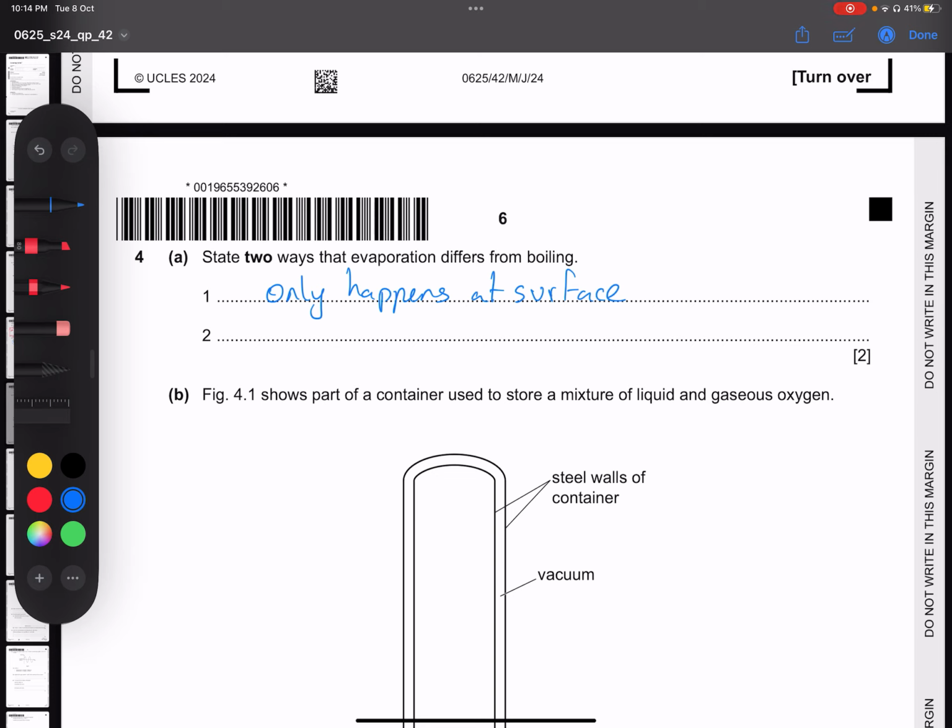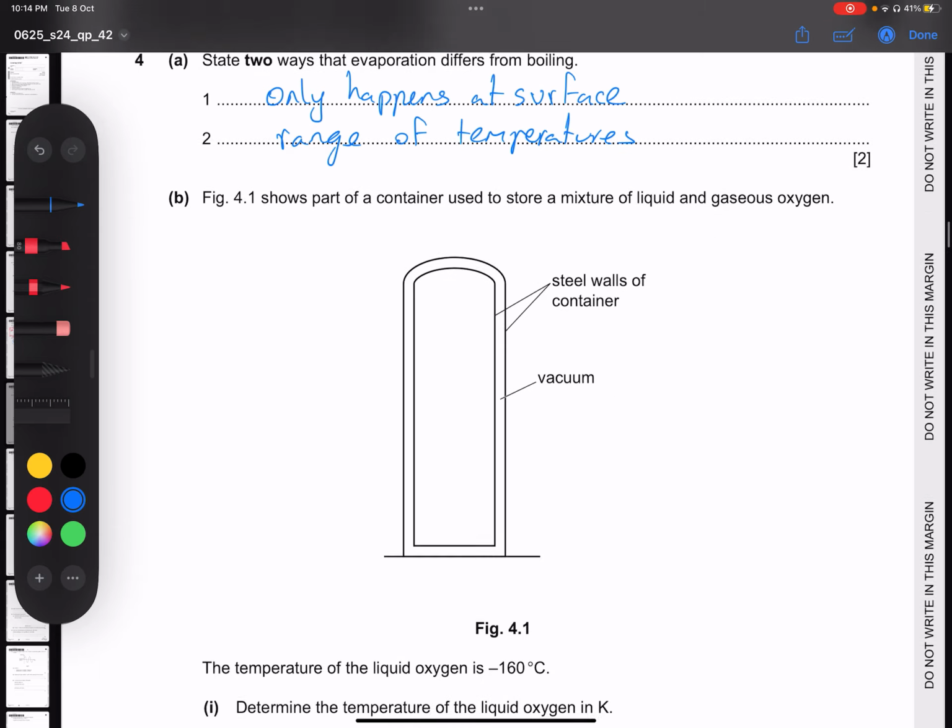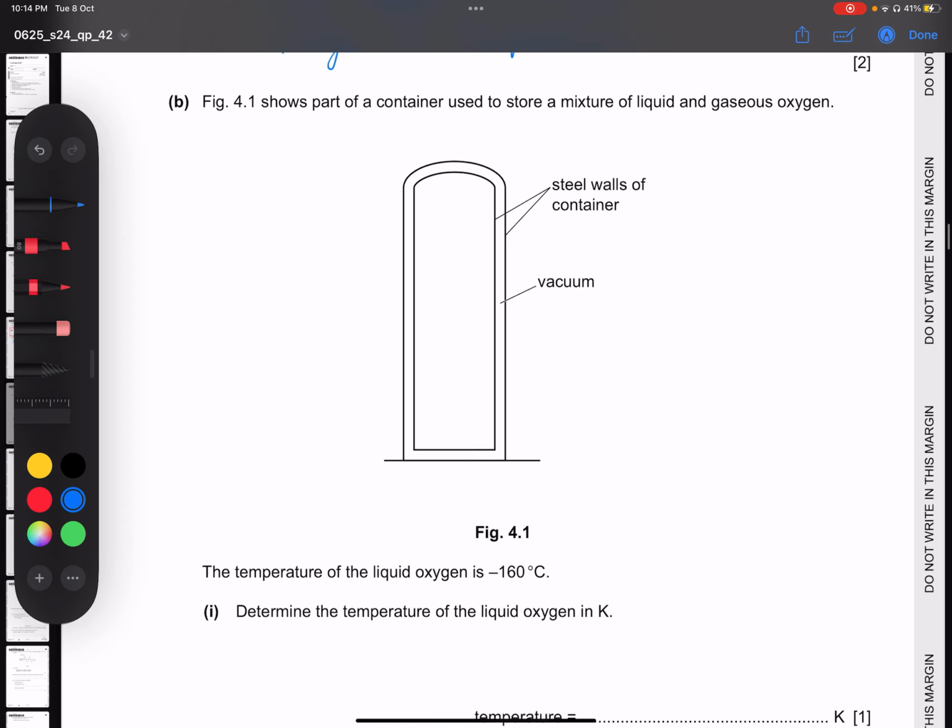Particles that have slightly higher energy than the other particles escape in the form of gas, cooling the whole of the liquid down. So it is a range of temperatures, whereas boiling only happens at the boiling point. And that's something to keep in mind.